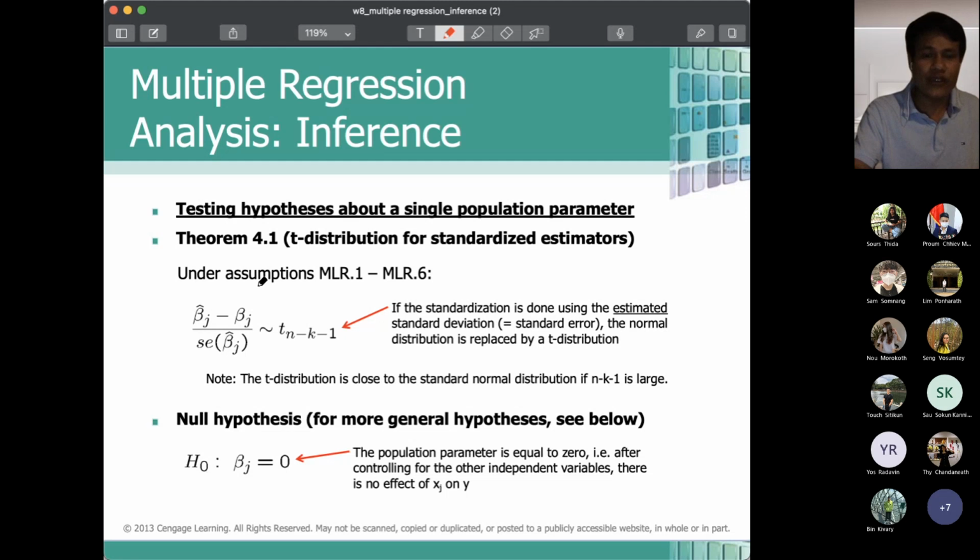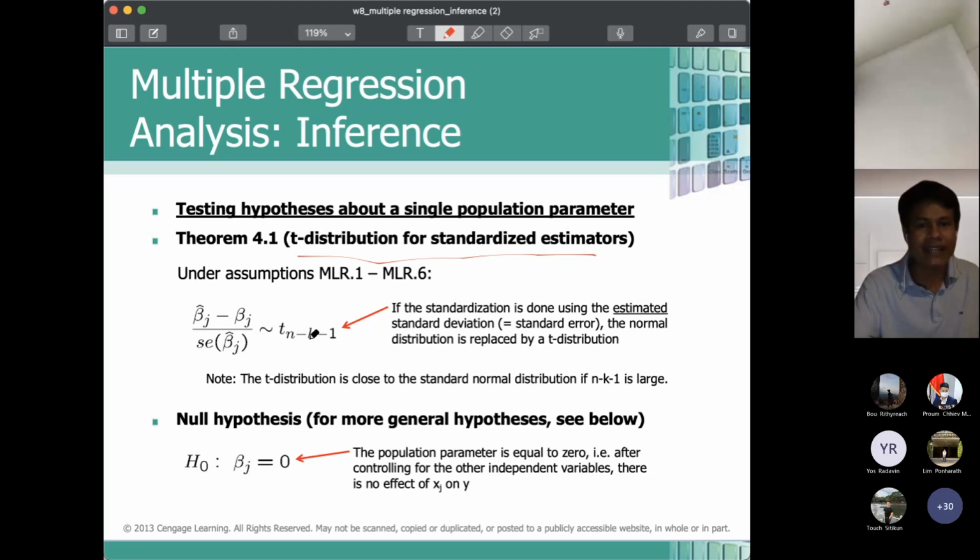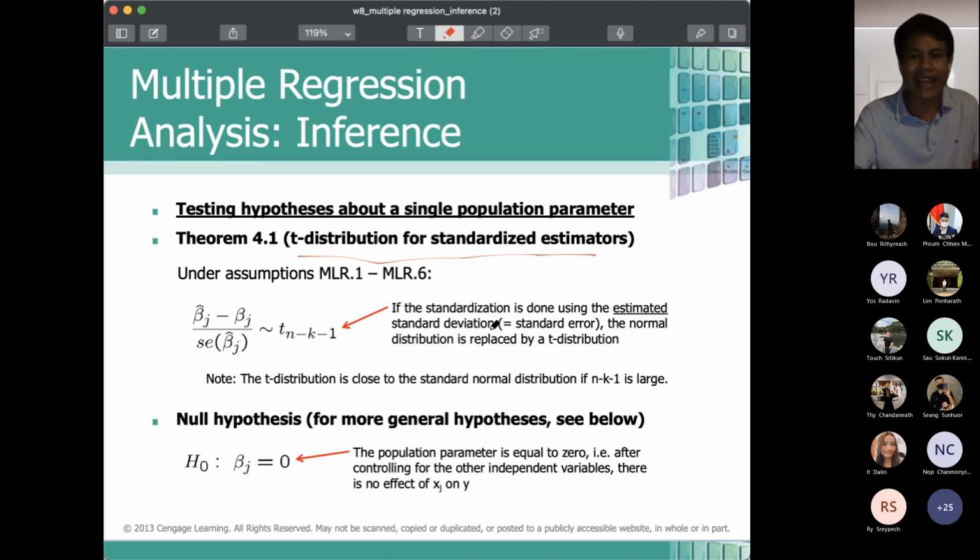All right. So for theorem 4.1, the t distribution of the standardized estimator under assumptions 1 to 6 is the sample estimator minus the population parameter, divided by the standard error of the estimate, and that has the t distribution with n minus k minus 1 degrees of freedom. So if standardization is done using the estimated standard deviation, that standard deviation is called the standard error.